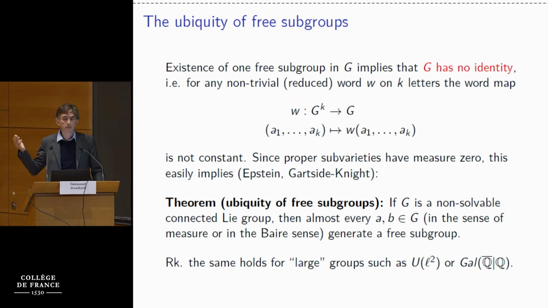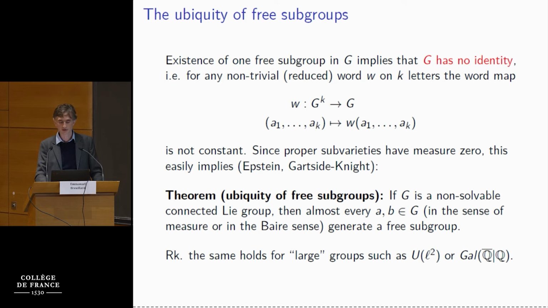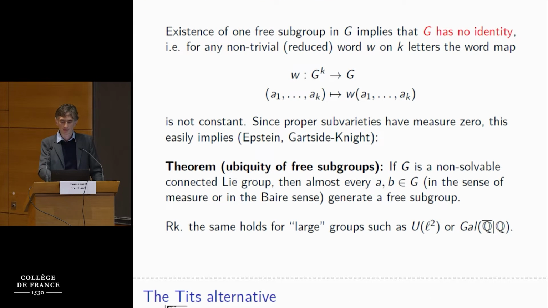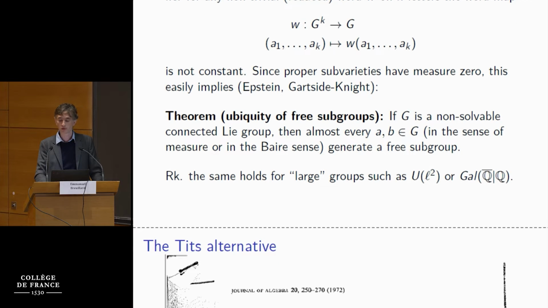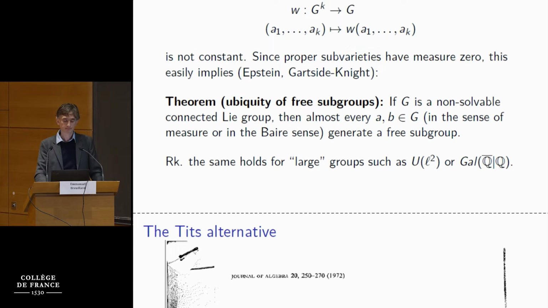So the complement of a countable union of such subvarieties will be large, will have full measure, or will be co-meager in the sense of Baire. So any tuple in that complement will generate a free subgroup. Okay. So, for example, the unitary group on an infinite dimensional Hilbert space is like that. Also, the absolute Galois group of Q has this property.